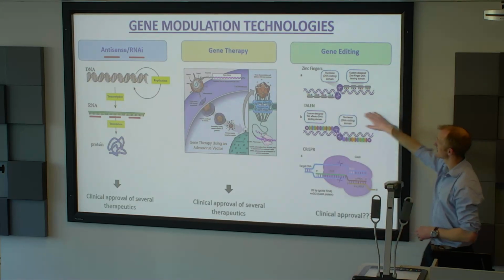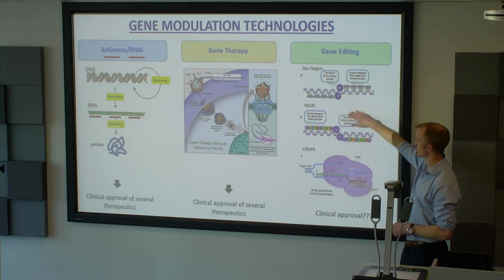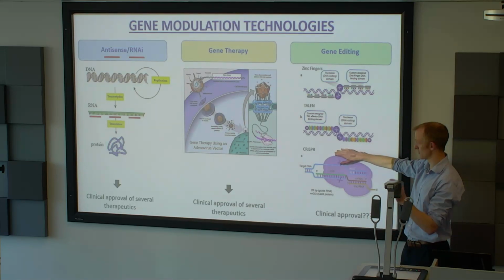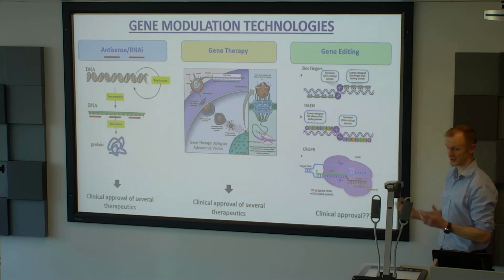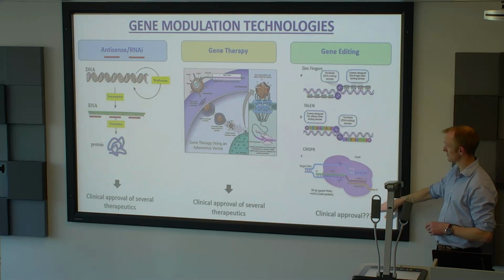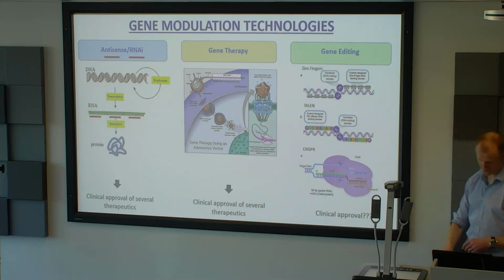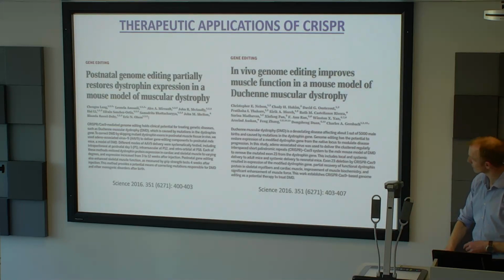And with gene editing, zinc fingers and TALENs have not been clinically approved, and CRISPR seems to be much more efficient at creating double-strand breaks in DNA. It's certainly going to be one which is more widely used. No clinical approvals yet for CRISPR technology, but I think we're going to see that in the next couple of years.